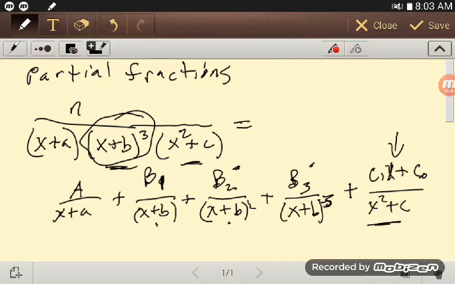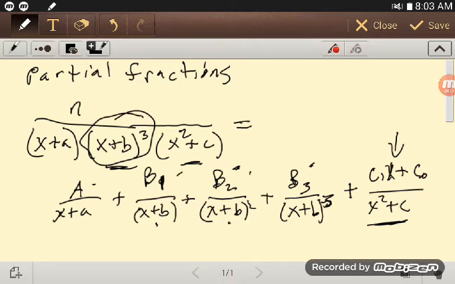So if I have a quadratic term down here in the denominator that's irreducible, then I need a constant times x plus another constant. And that's how I set it up.